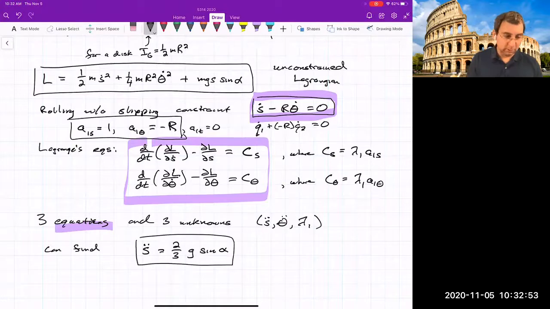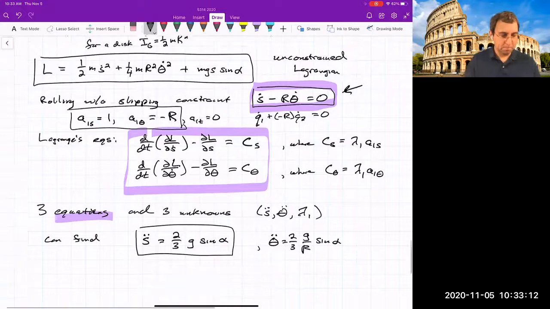So that's cool. And then from this equation itself, you could figure out how theta double dot and s double dot are related because they're just proportional to each other. So this is equal to 2/3 g over R sine alpha. All right.